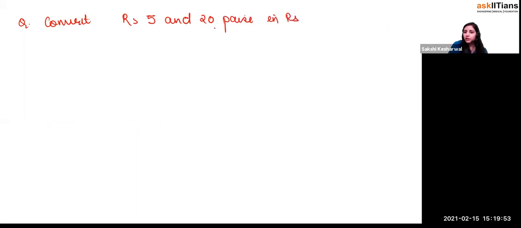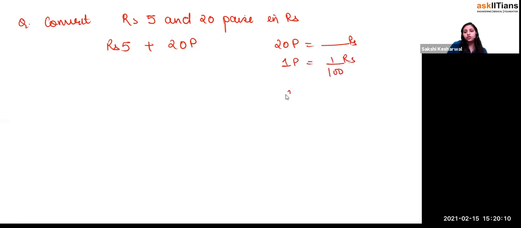So 5 rupees will remain 5 rupees, you write 5 rupees as it is, and 20 paise, you do the conversion of 20 paise into rupees. 1 paise is equal to 1 by 100 rupees, so 20 paise is equal to 20 by 100 rupees, which is equal to 0.20.